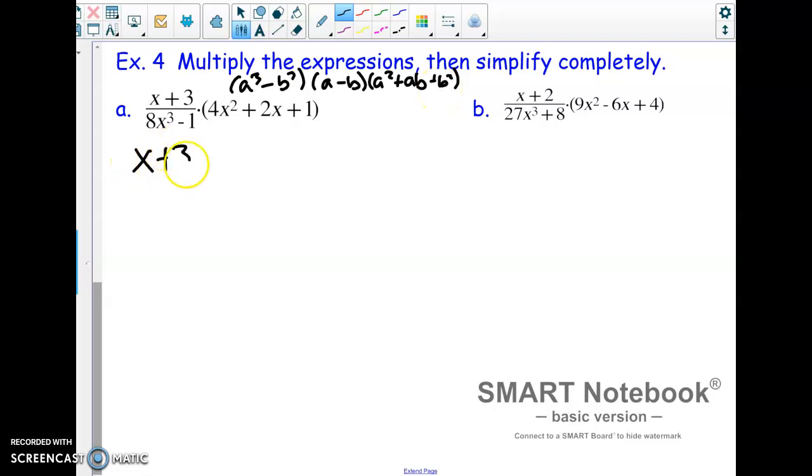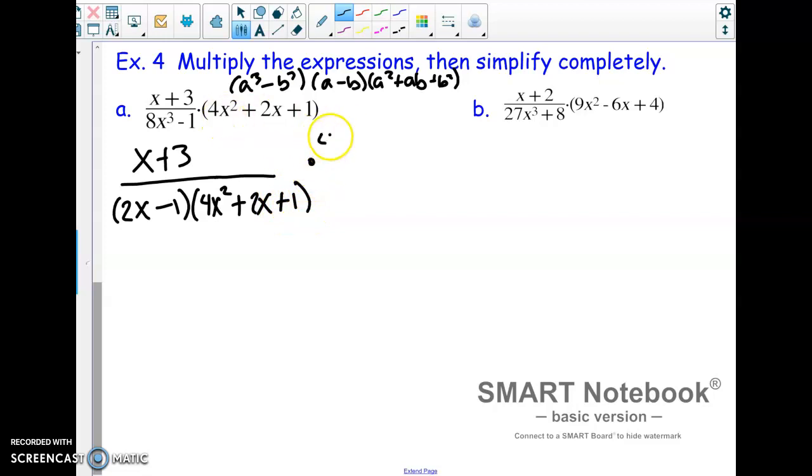So x plus 3. Then we have the cube roots. That's going to give me 2x minus 1, because the cube root of 8 is 2, the cube root of x is 1, times 4x squared plus, because it's always positive, a times b, so 2x times 1 is just 2x, and then plus 1.